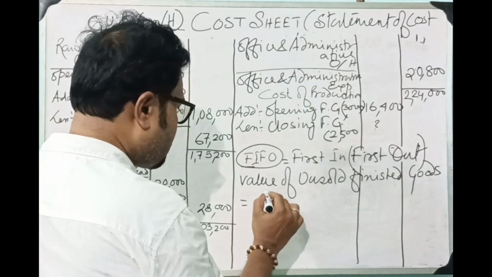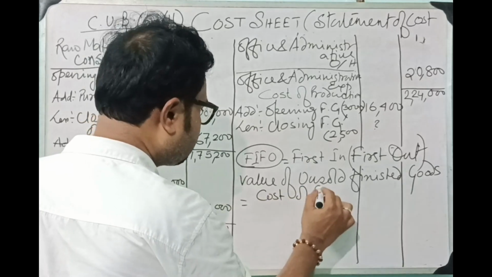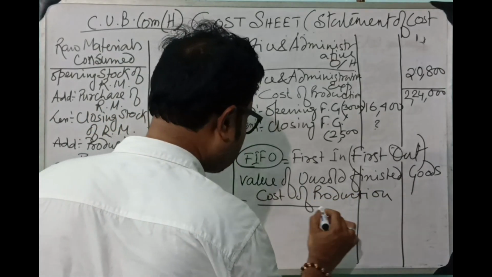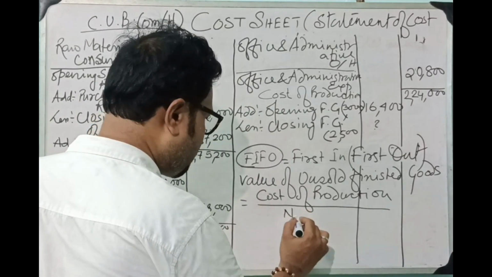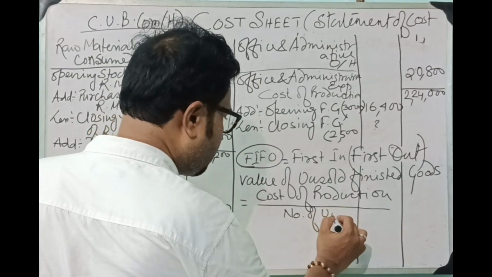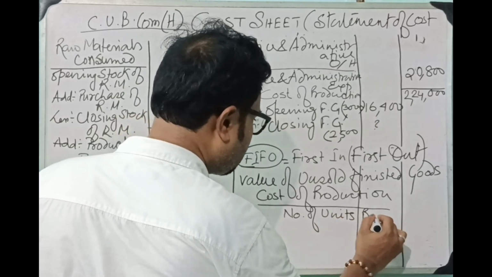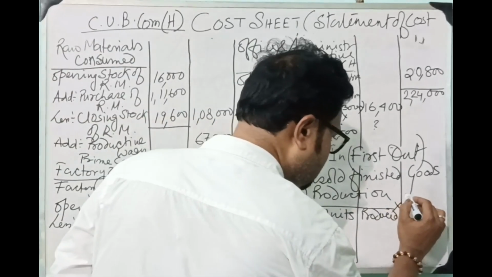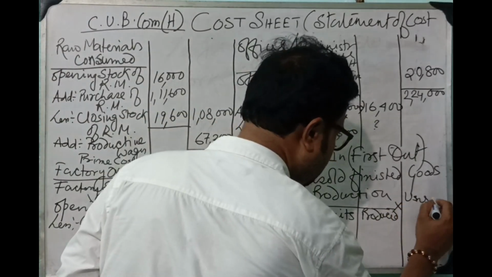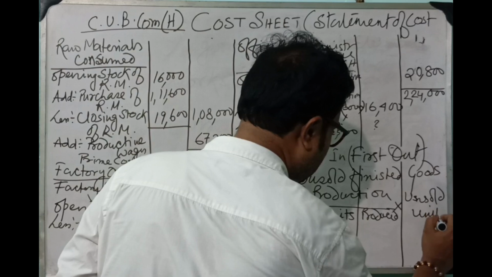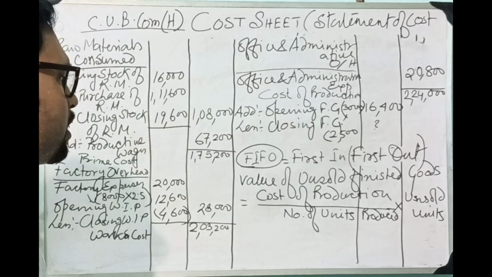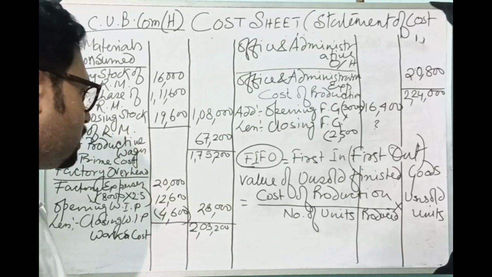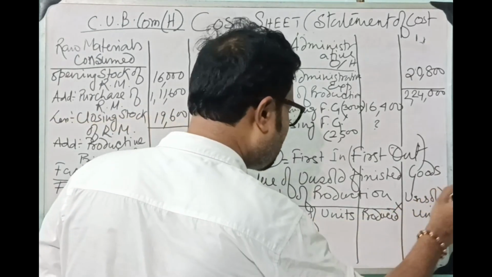Just look at cost of production divided by number of units produced into unsold units. This is the formula for value of unsold finished goods.